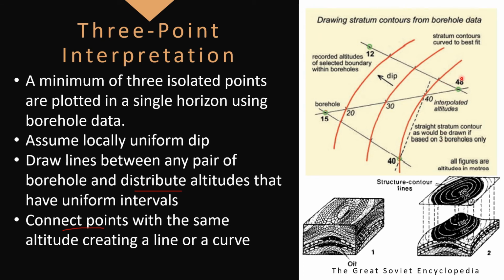So these curved lines here represent the shape of the geological structures that are underneath our surface. So let's say this is the surface that we have chosen as a medium for our 3-point interpolation. Let's say we have chosen in this part.